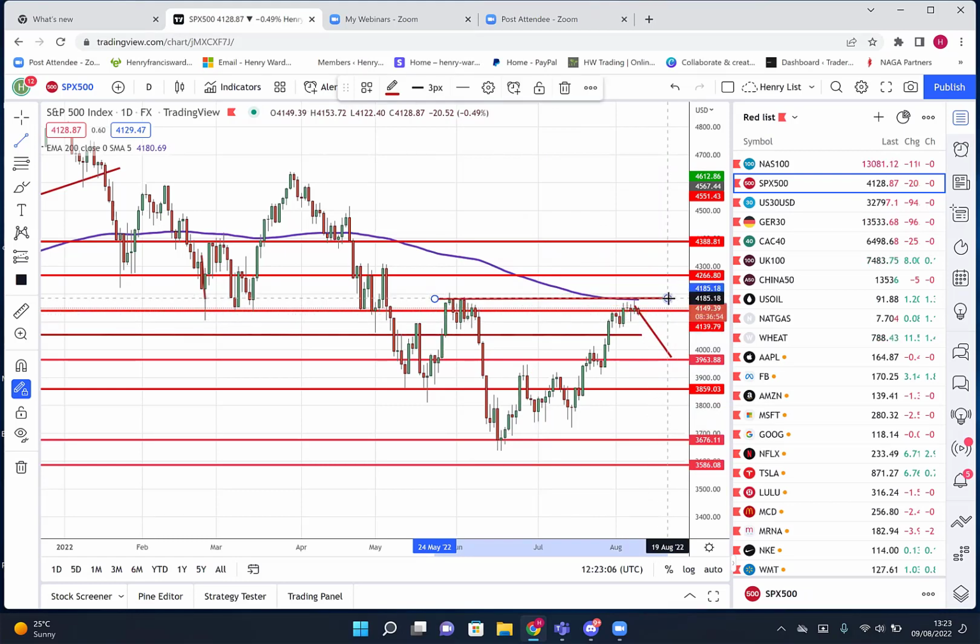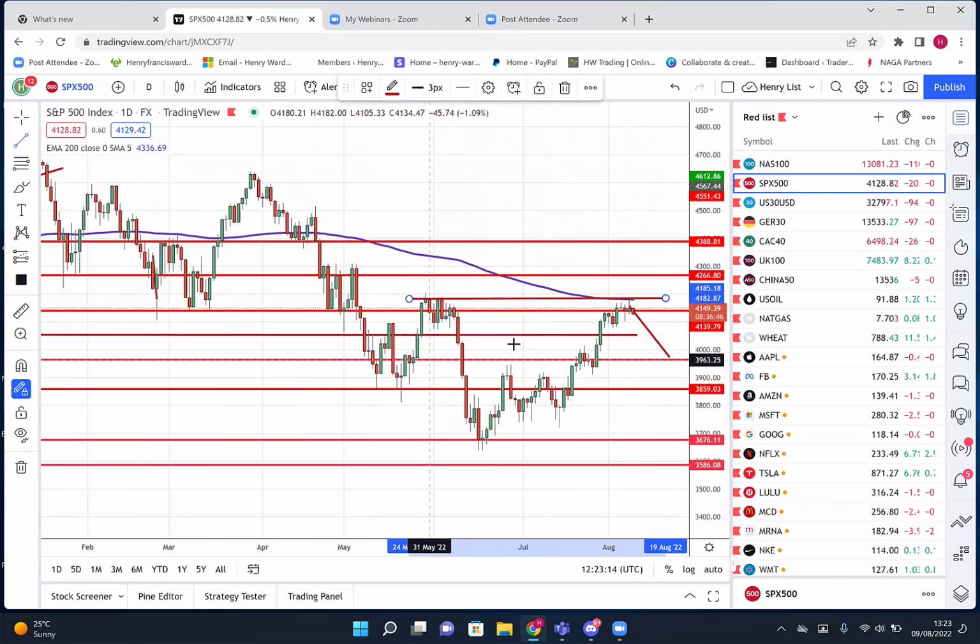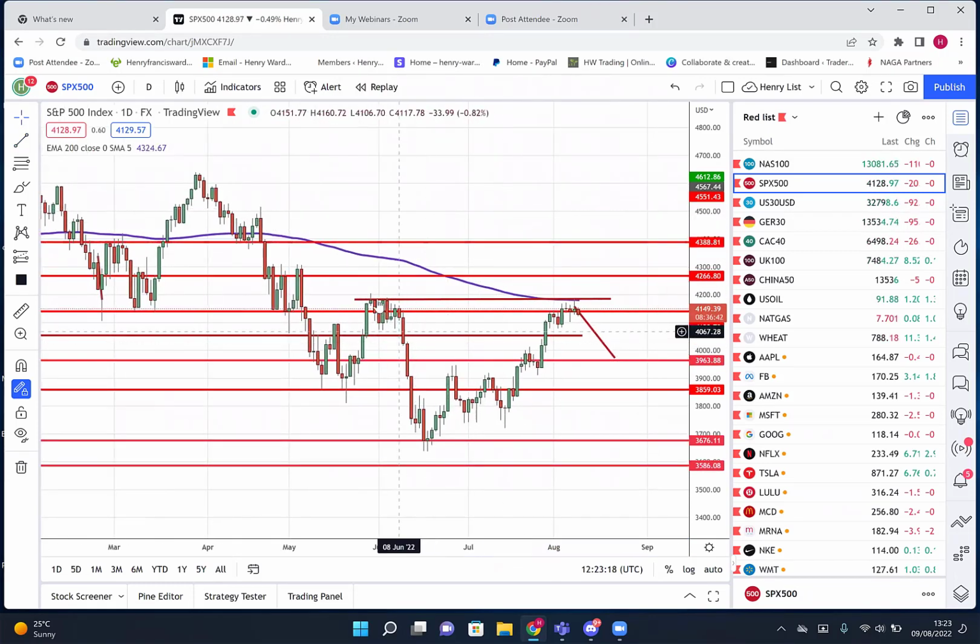Everyone should have spotted that straight away. Double top, look. There's a double top right there. That is a selling signal.